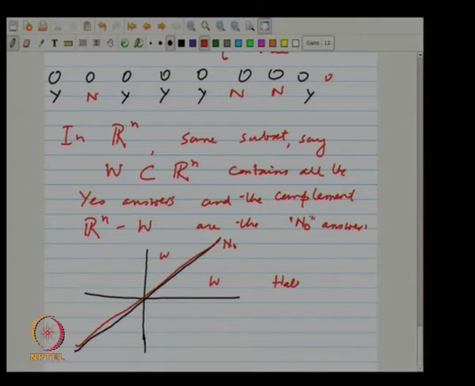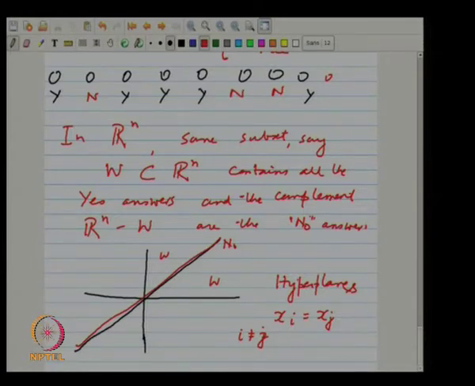Okay. So, there are some half planes, or you call them half hyperplanes, so you have to look at the hyperplanes x i equal to x j, i not equal to j. So, in n dimensions, these are the hyperplanes that will contain those points that will correspond to the no answer.